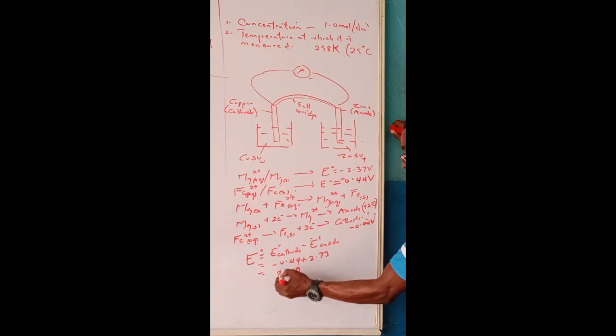Okay, you got 2.29, right? Minus 2.29 V.